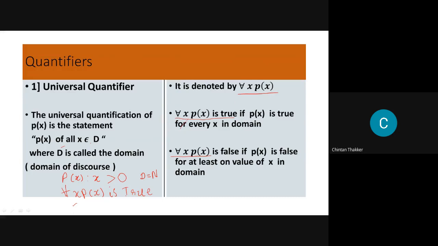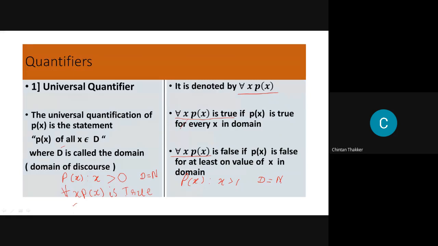Now if we take P(x) equal to x is greater than 1, and the domain is N. Then for x equal to 2, P(x) is true.